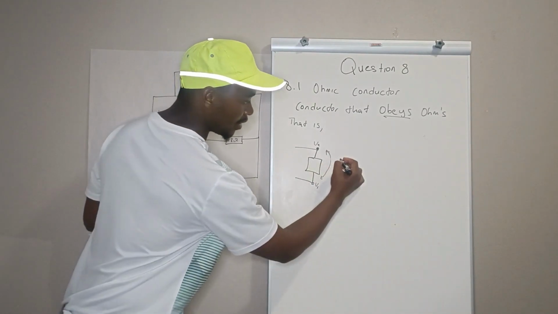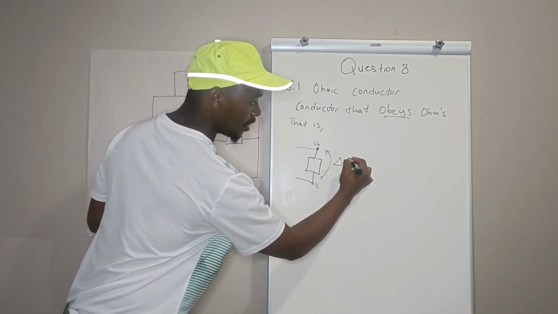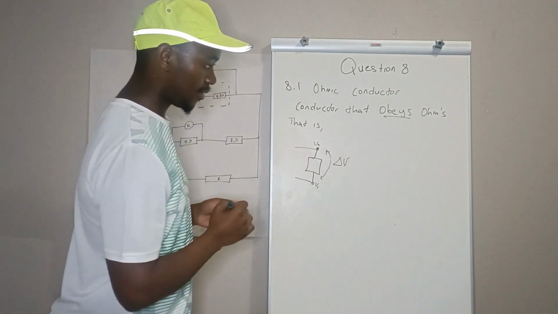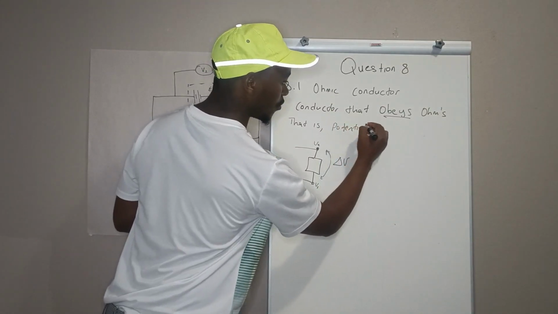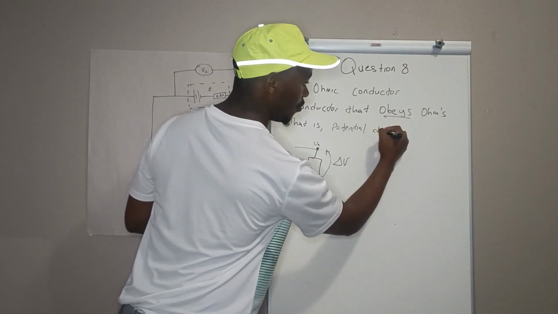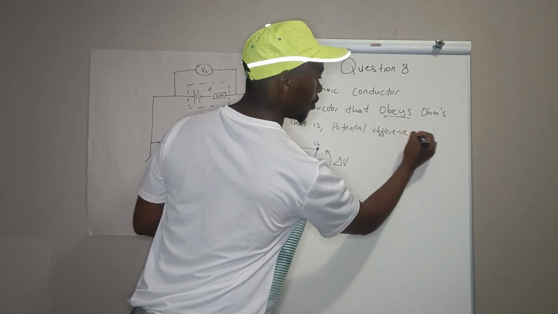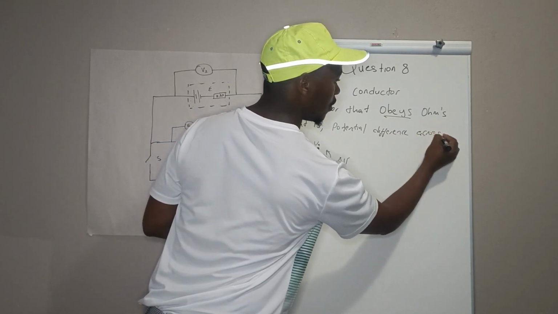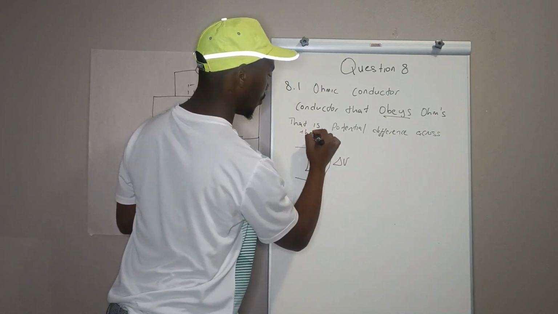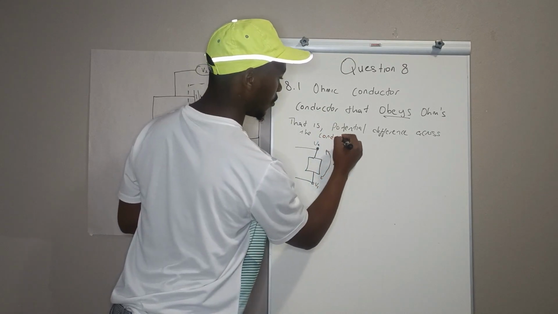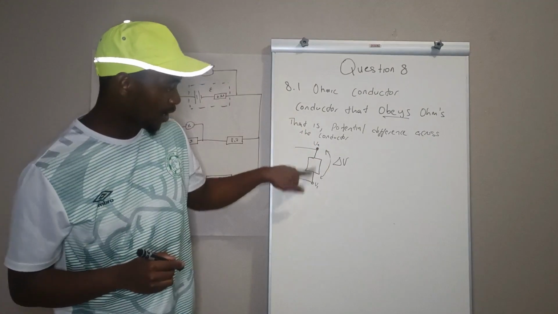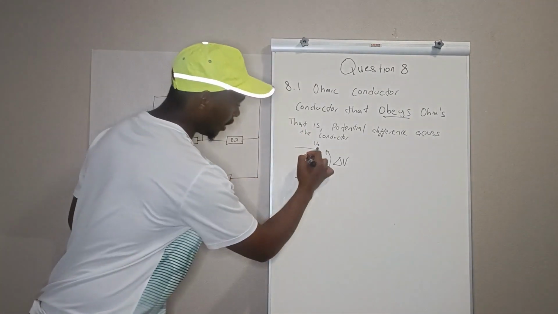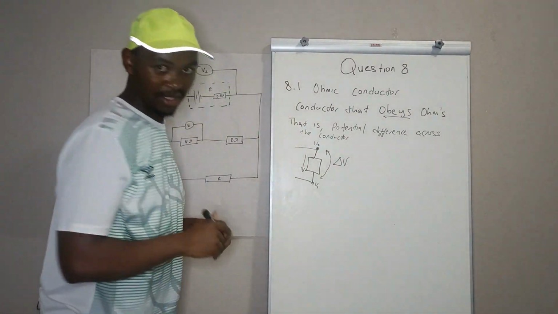So potential difference is the change in voltage. The potential difference across this conductor is directly proportional to the current through the conductor.